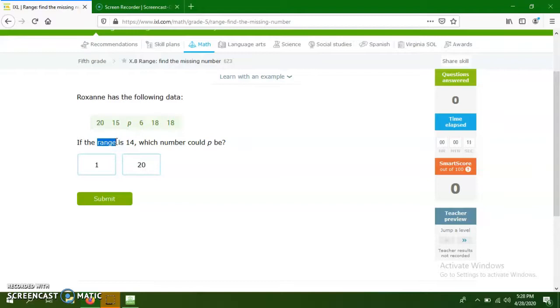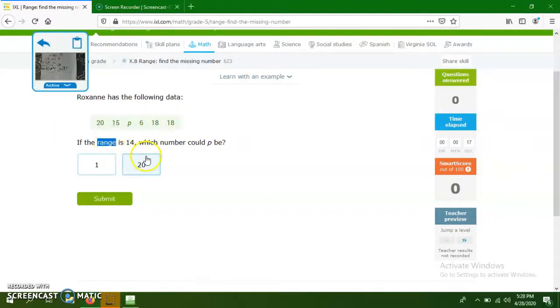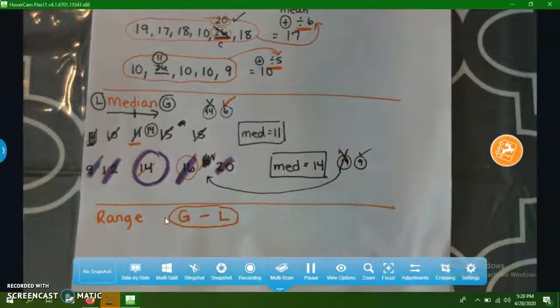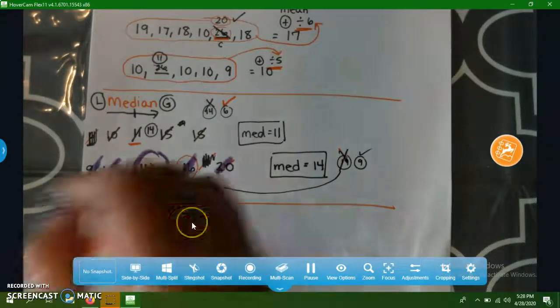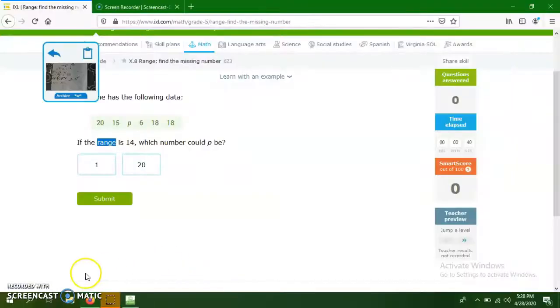So on my thinking paper, I am going to let myself know here that I'm doing range. So I'm going to have the greatest minus the least. And so you can see I've just got that written out here. And I'm just going to try out the greatest and the least and see if it gives me the range that the IXL question has asked for.